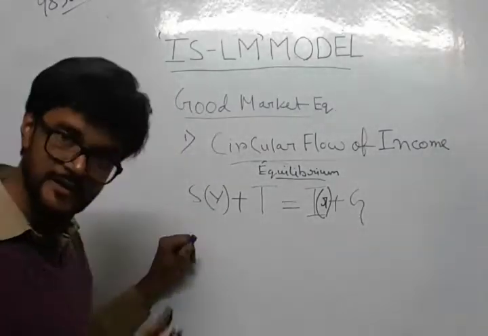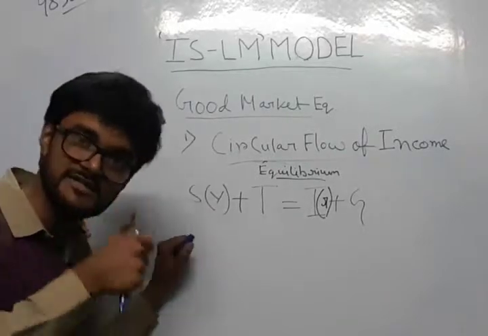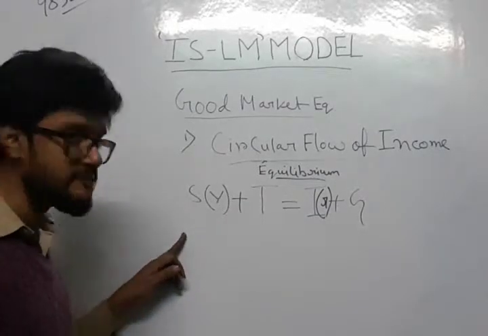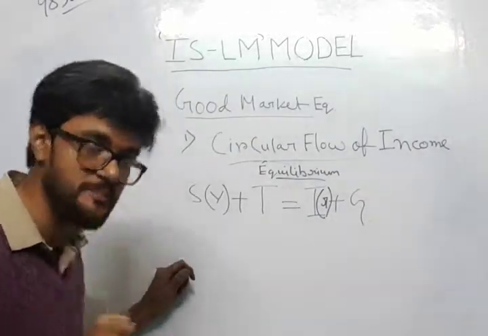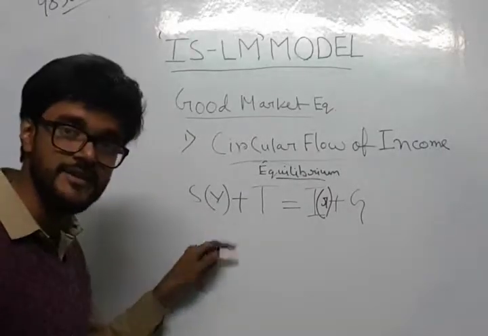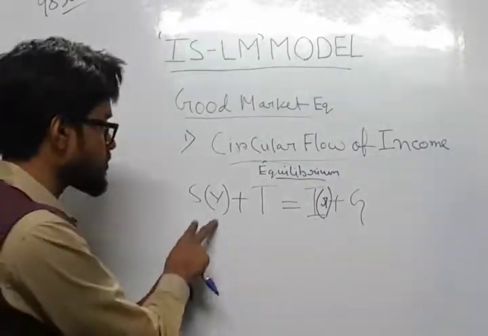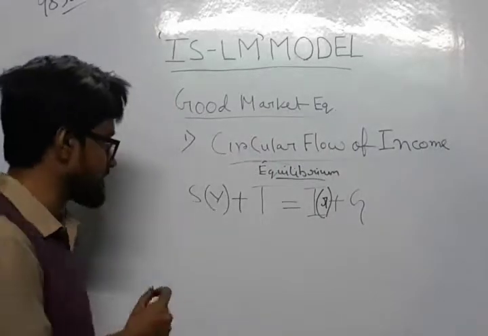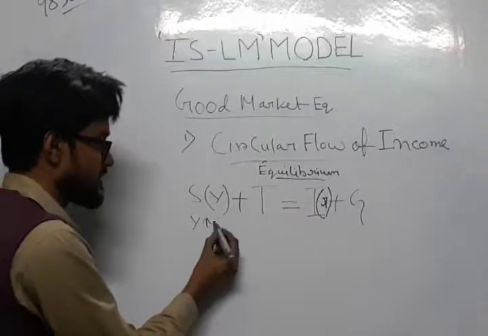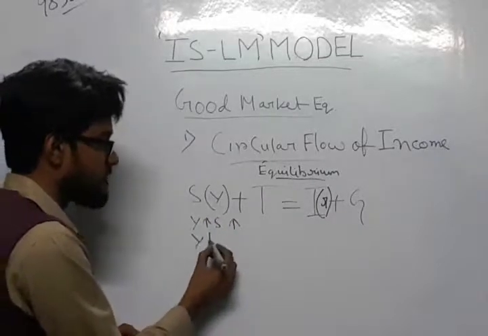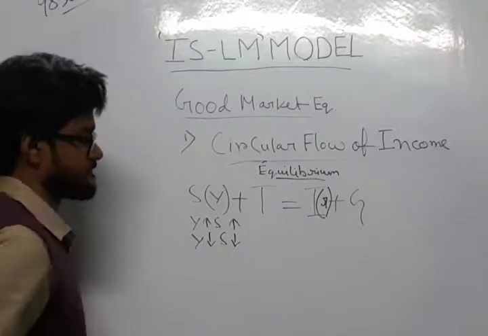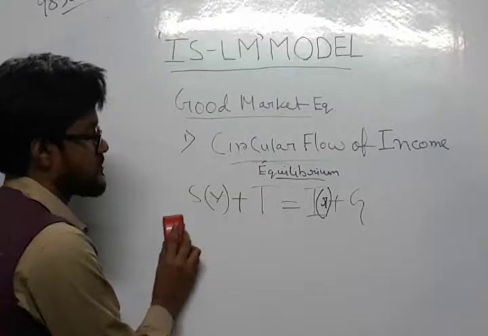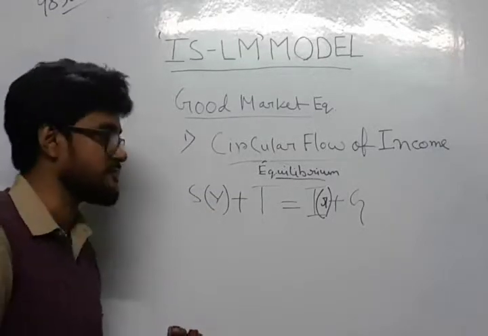So when income increases, the saving does increase. When income decreases, the saving does decrease. So the relationship between saving and income is always positive. That is, they are not inversely related, they are positively related to each other. That is, when income increases, saving increases. When income falls, the saving falls. Make sense? So the relationship between them is positive.